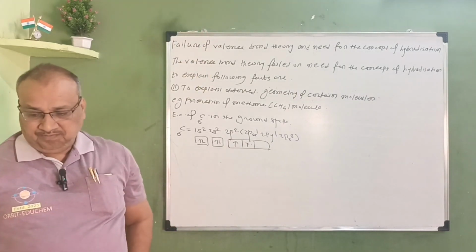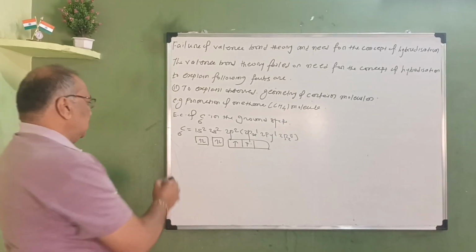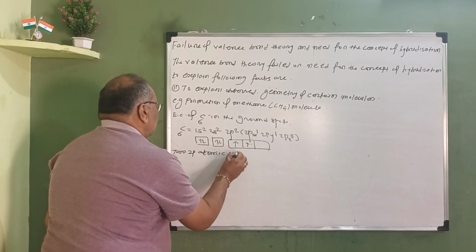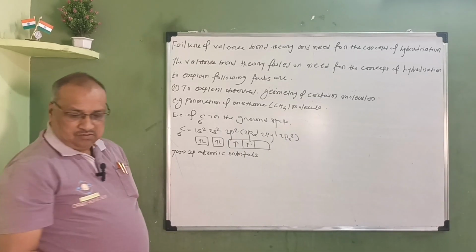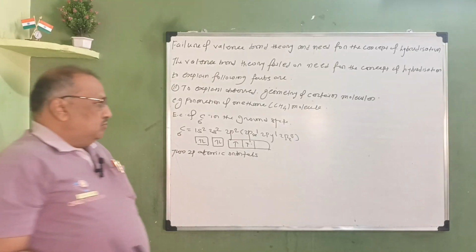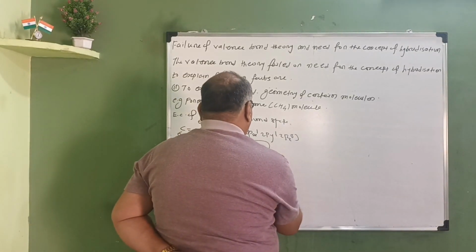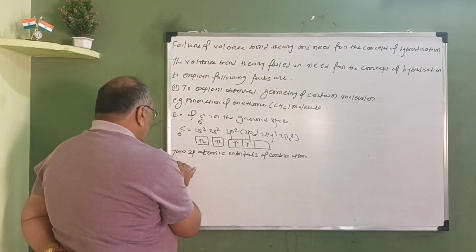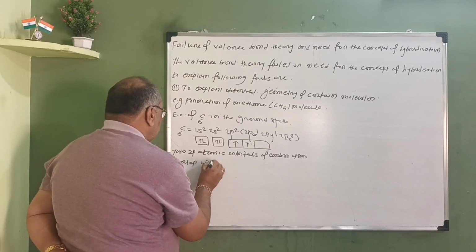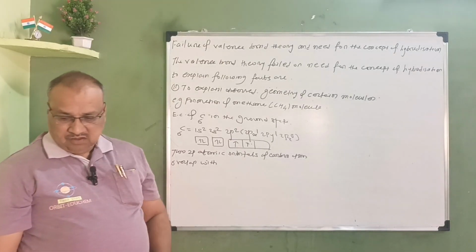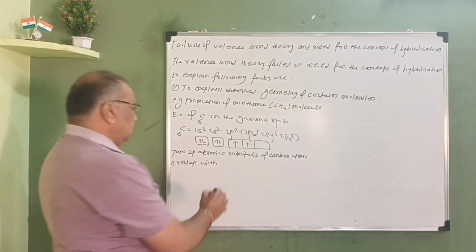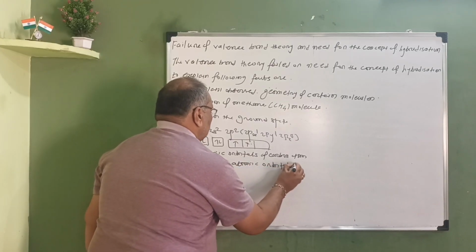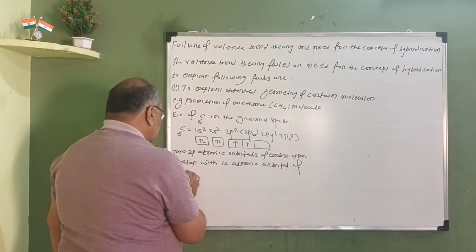Now here 2p atomic orbitals of carbon atom overlap with one s atomic orbital of two hydrogen atoms.